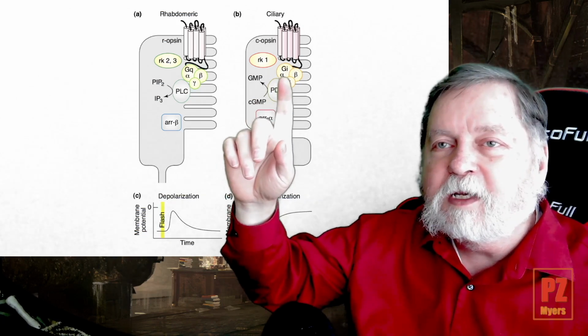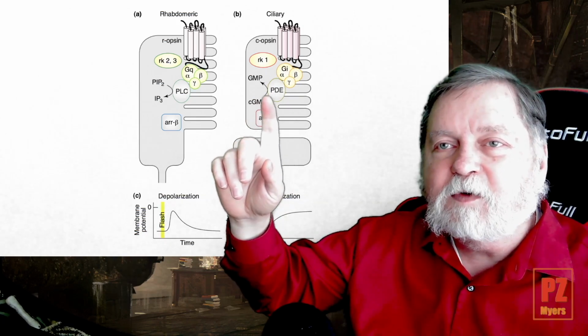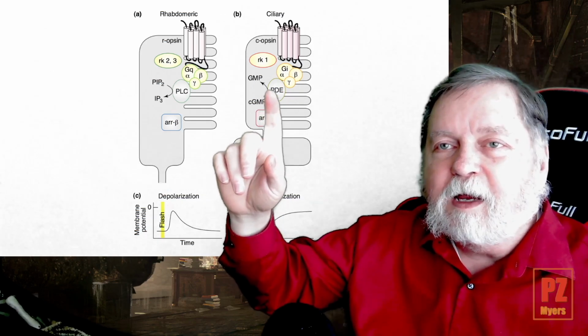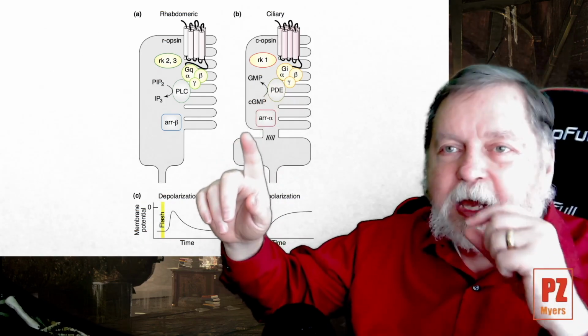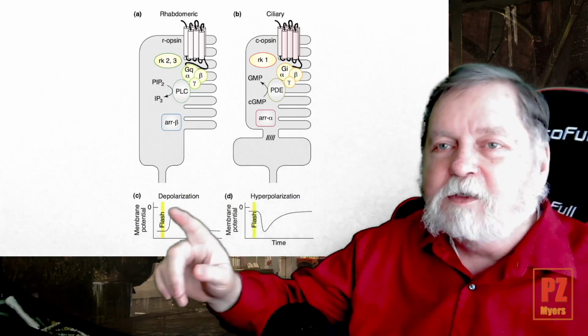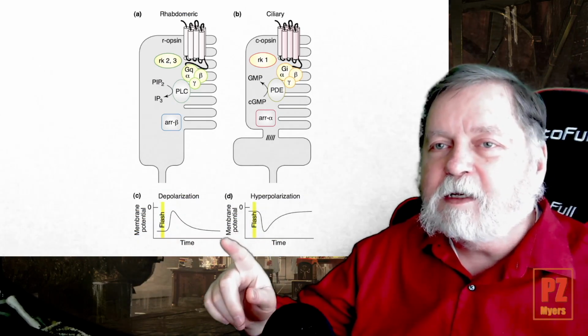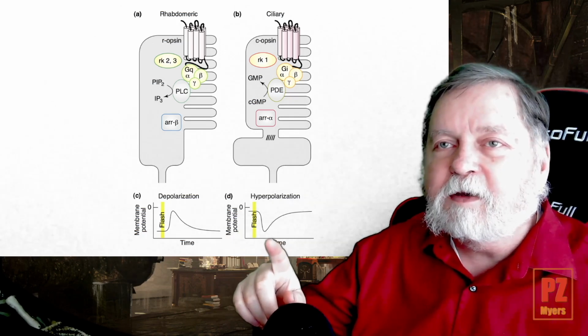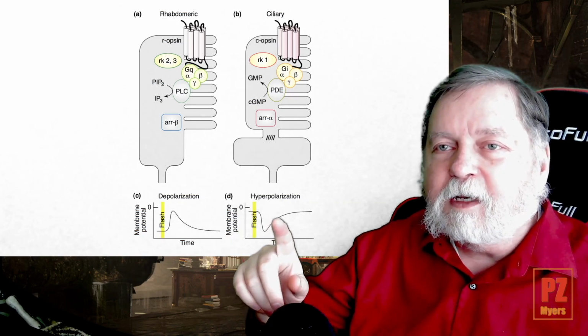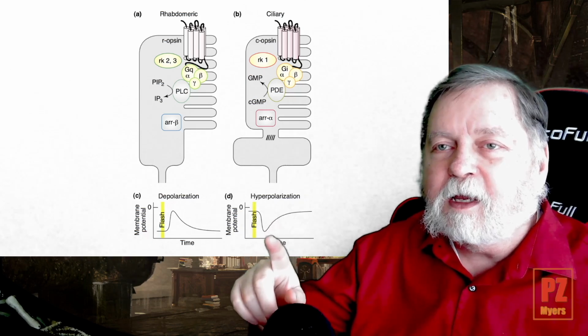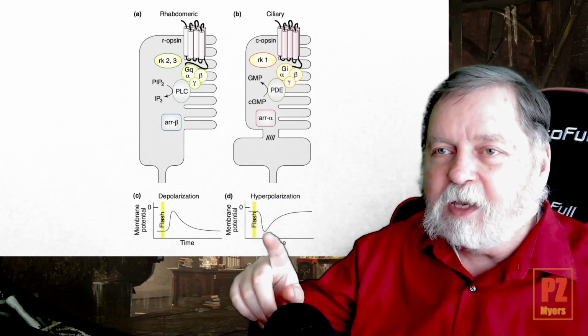There's the G protein that's going to be activated. There's the phosphodiesterase. Cyclic GMP is going to be reduced by that, and we're going to get a reduction in current. So that's what we see down here: if you shine a light on that ciliary photoreceptor, you get a drop in the current. It declines rapidly. Okay, so far so good.